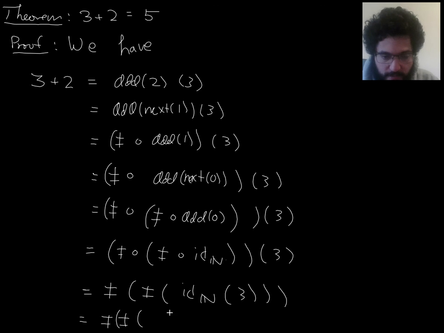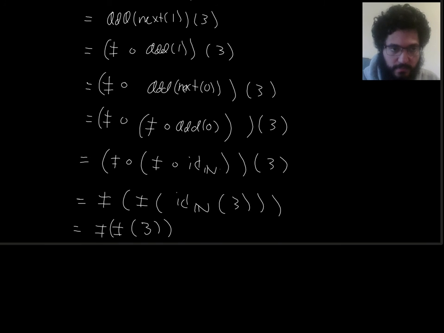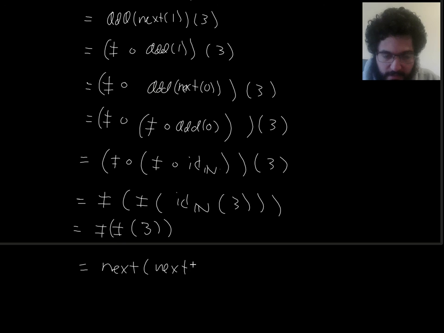So then, using that idea, identity on 3 is 3, right? Great. And then, what does this actually do? It does next, right?